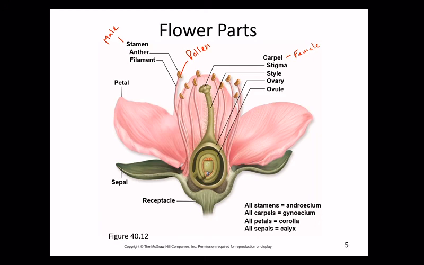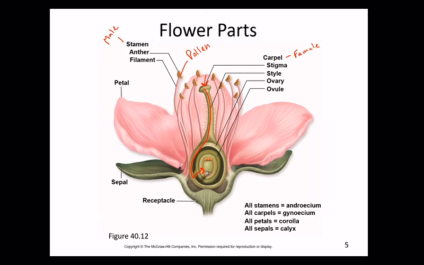Well, when they go to another flower, the pollen is then delivered to the stigma, and the stigma will collect the pollen and allow it to move in and cause fertilization of the ovule, which will form the mature fruit and the seed that's within there.